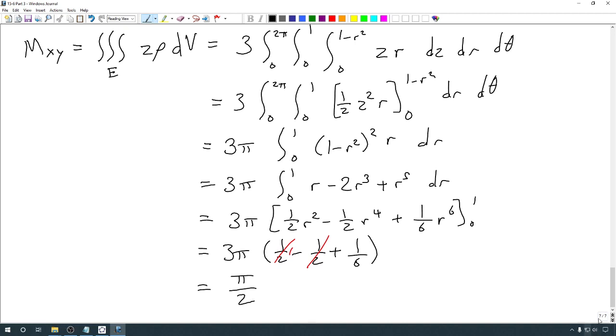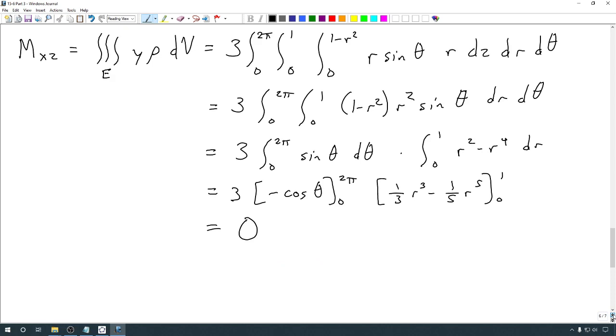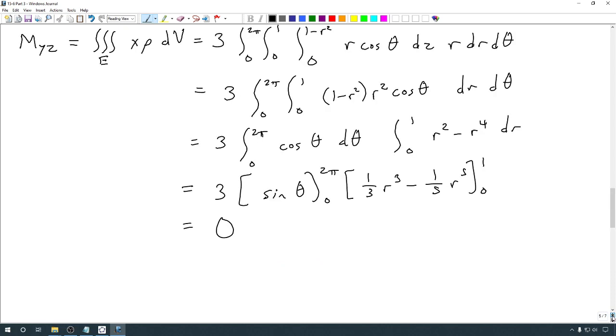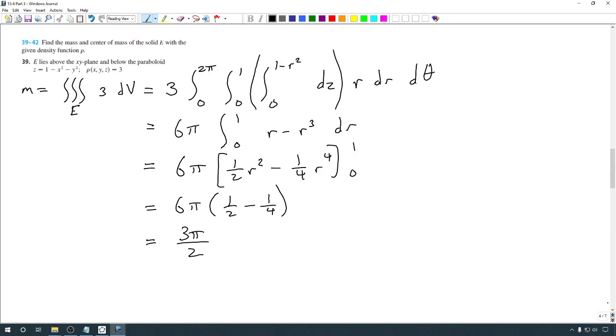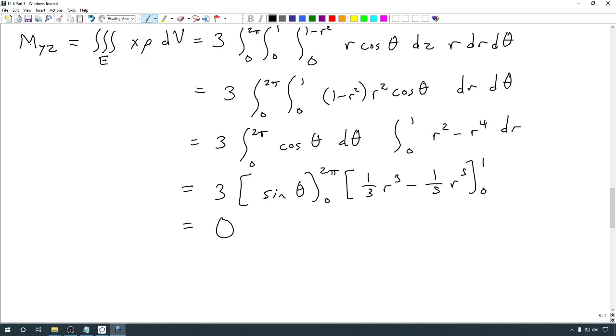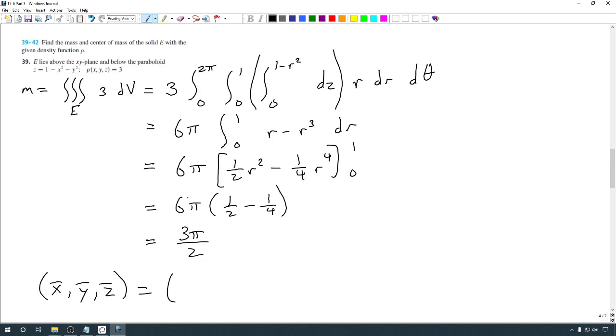And that means that our center of mass, which I'm going to go ahead and put back up here, our center of mass, x bar, y bar, z bar. So x bar is myz, which was 0, divided by our mass of 3 pi over 2.